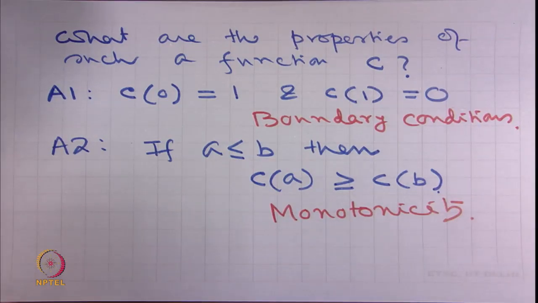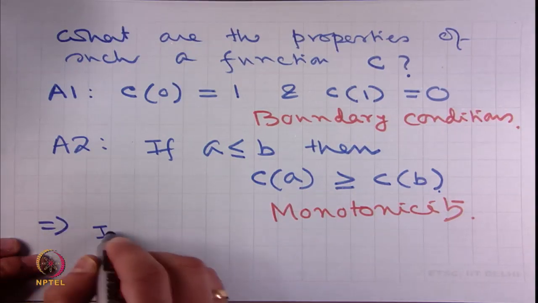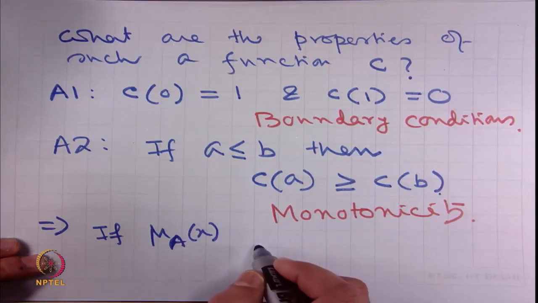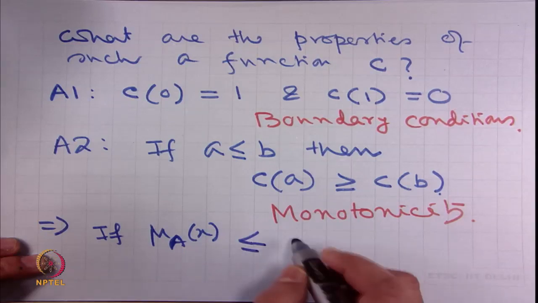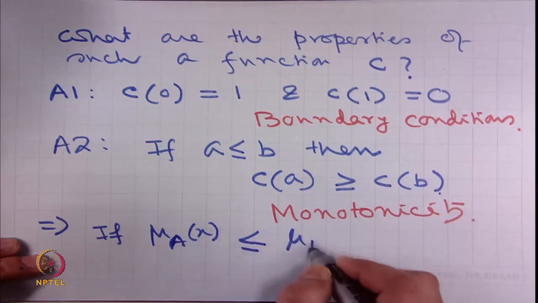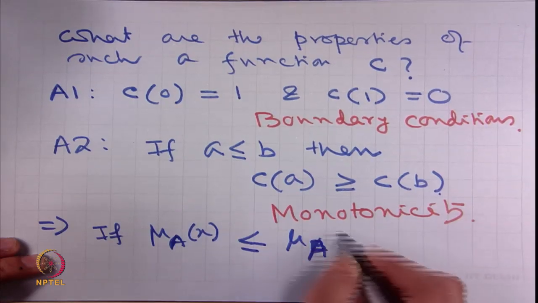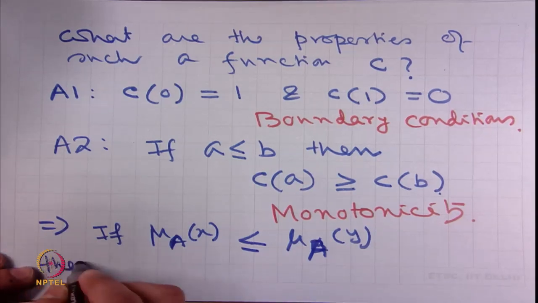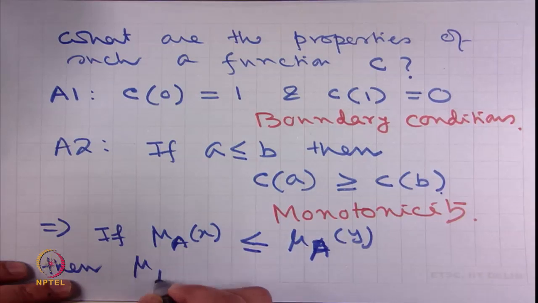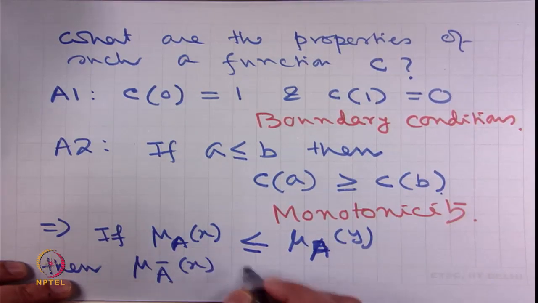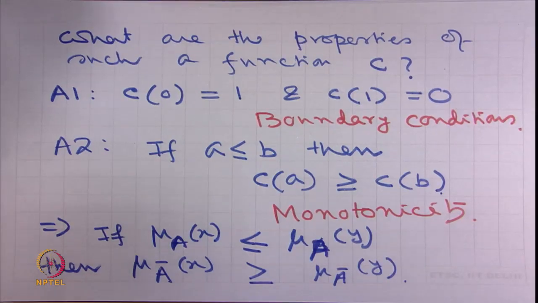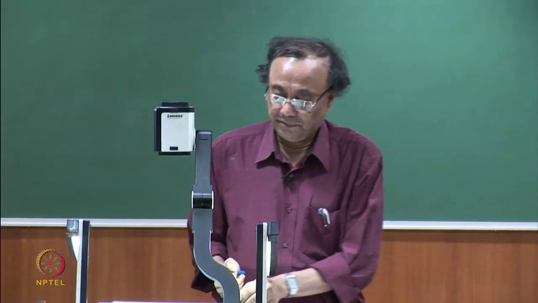That means, if membership of x in A is less than or equal to membership of y in A, then membership of x in A complement has to be greater than or equal to membership of y in A complement, which is understandable.